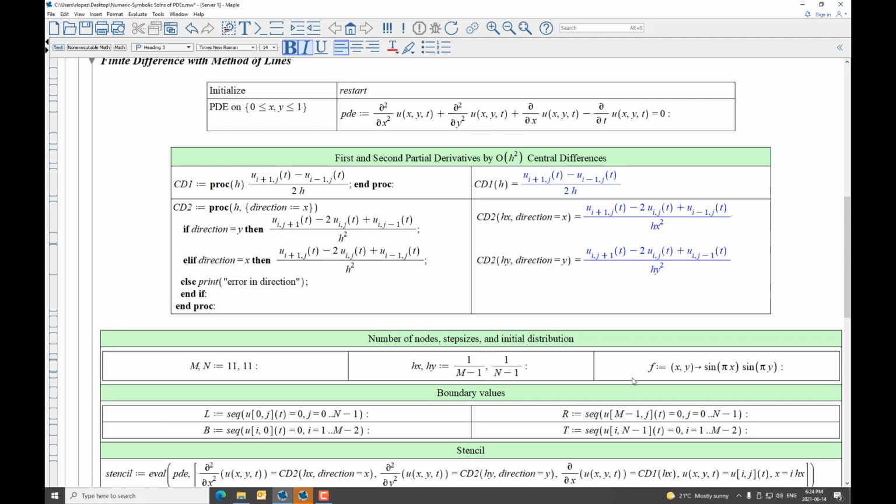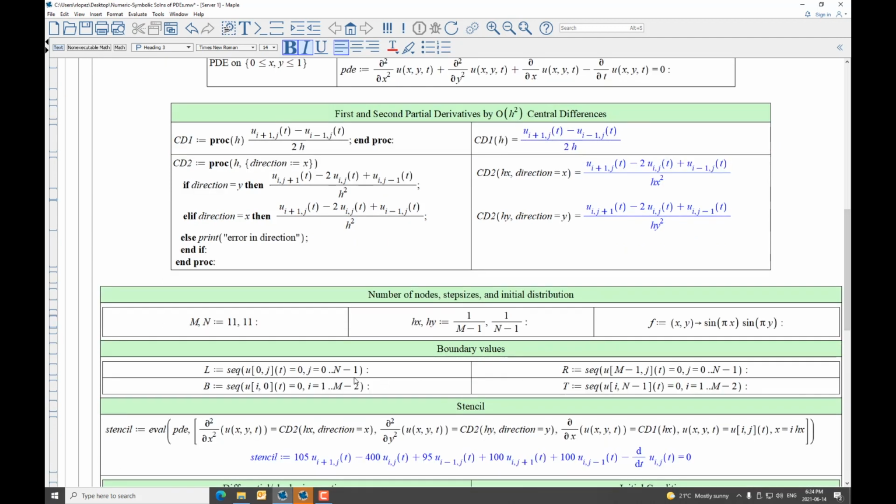Step sizes, boundary or initial function. The boundary values are homogeneous. Just set these values equal to 0, go left edge, right edge.